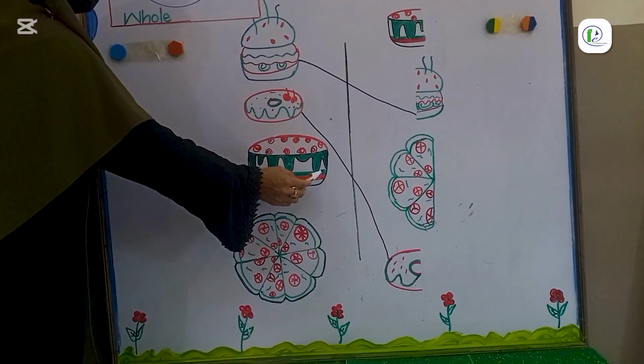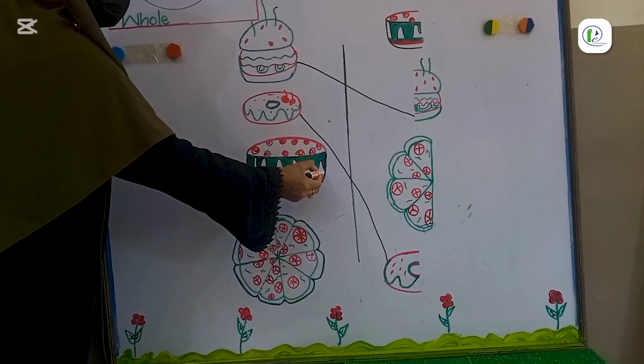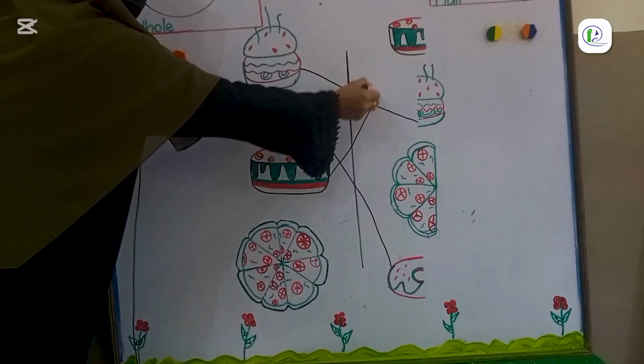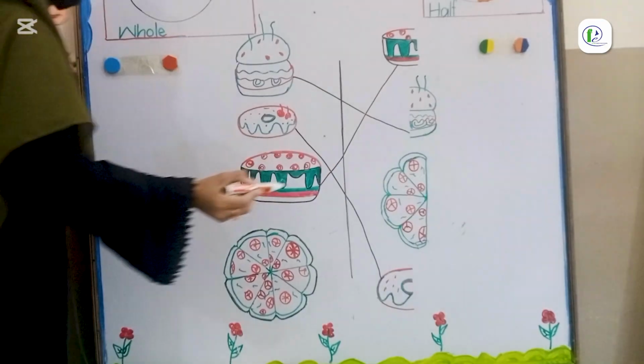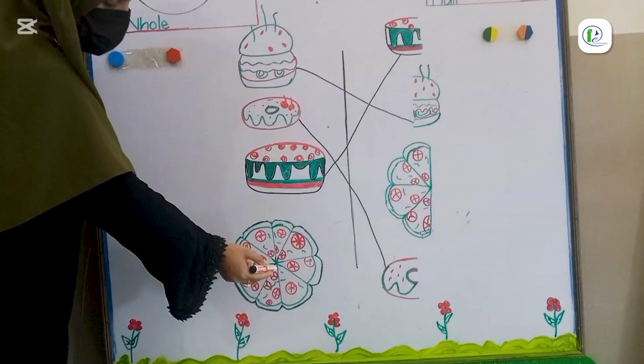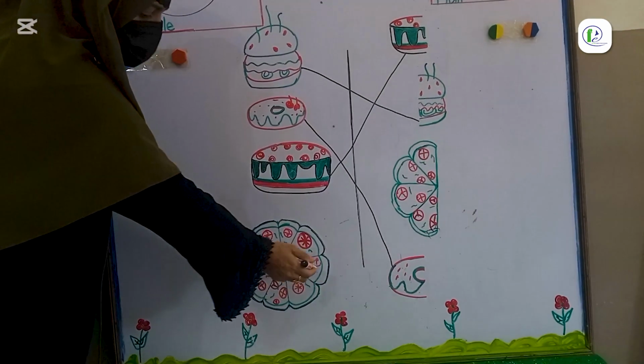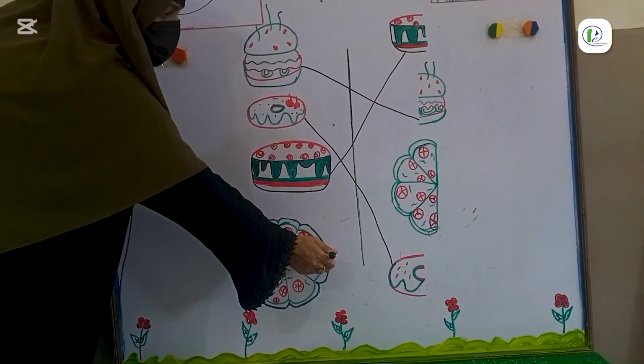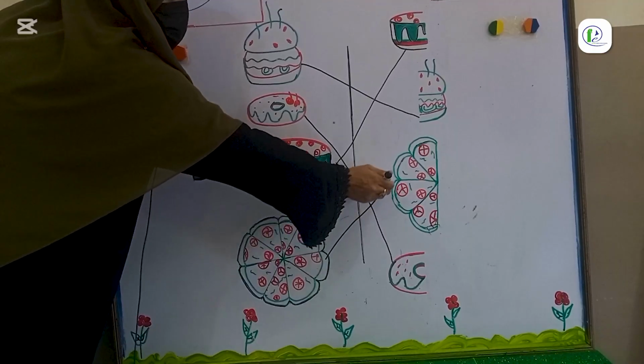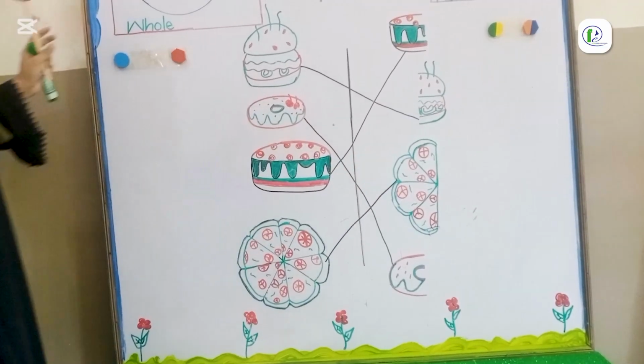Okay, we have cake, whole cake match with half cake. Next, last one is pizza. Whole pizza match with half pizza.